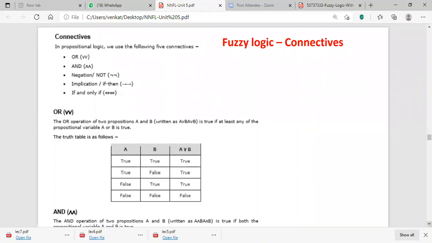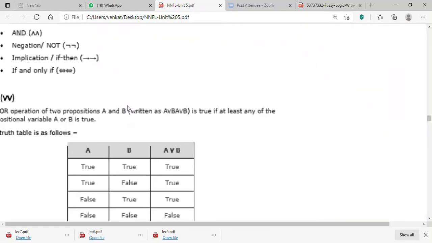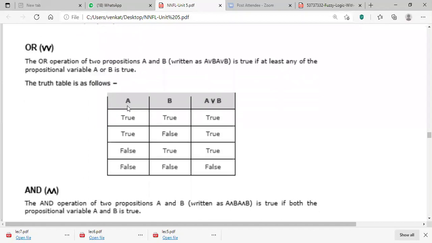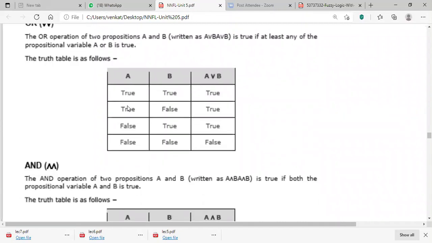Negation or NOT is indicated with a dash. Implication, if then, is indicated with a one-sided arrow. If and only if is indicated with a two-sided arrow. The OR operation of two propositions A and B is true if at least one of the propositional variables is true. Here is the truth table for two propositions A and B.